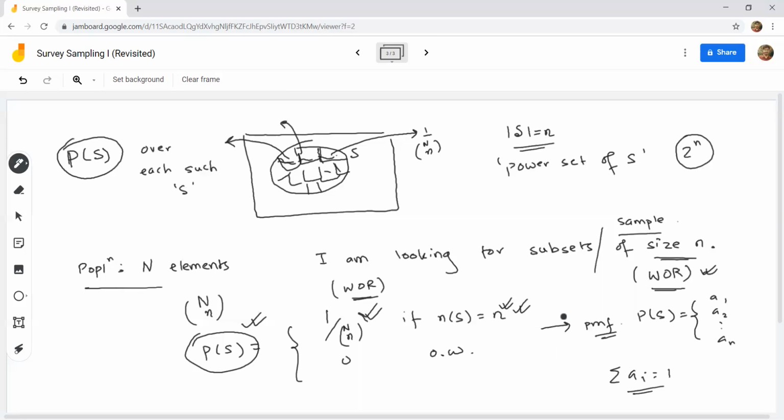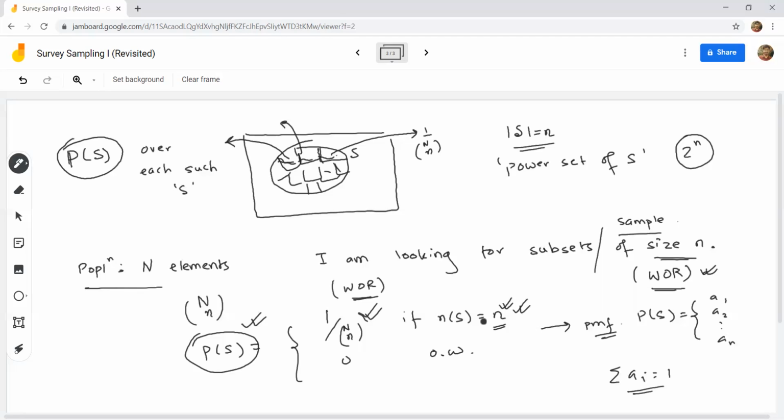Yeah, you can say if you have any doubts. You are dividing the entire population into subsets of size small n, because you're interested in drawing subsets of size n. So you have NCn many samples within this population, and you are drawing each such sample with equal probability, 1 by NCn.